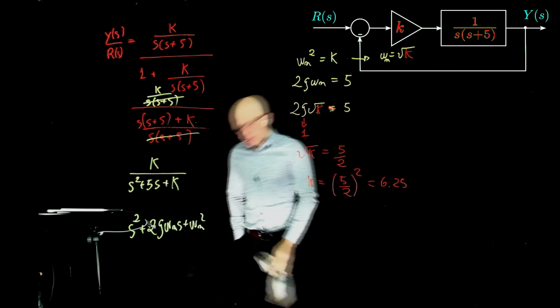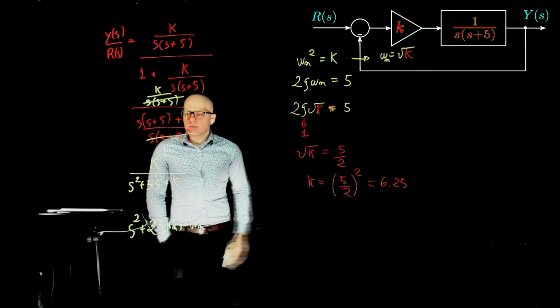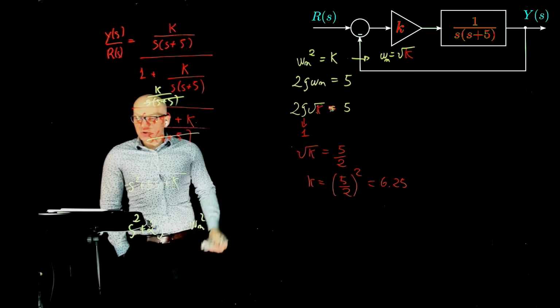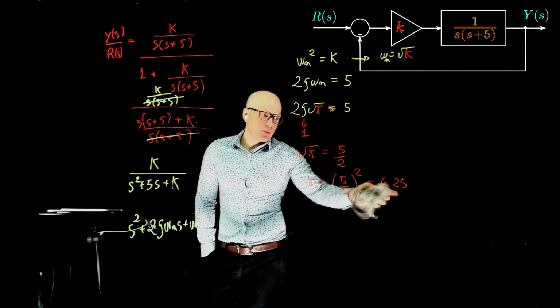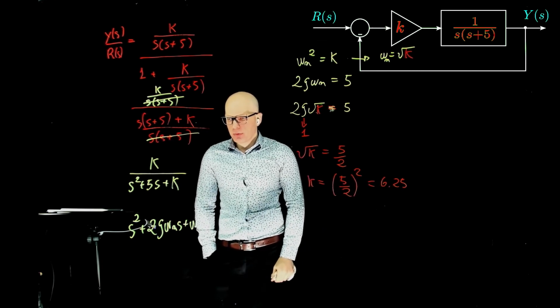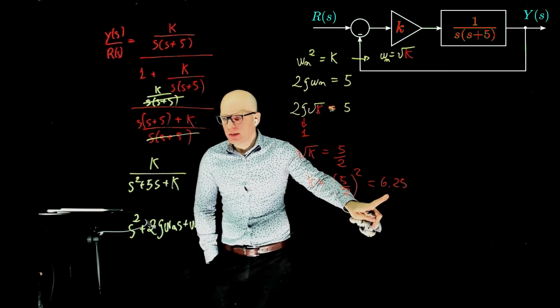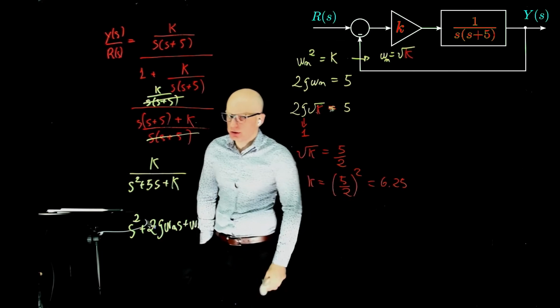The system is critically damped. So if you want our system to have no overshoot, should k be greater or smaller than 6.25? At this point, the system is critically damped. So if you want an over-damped system that has no overshoot, should it go higher or smaller?